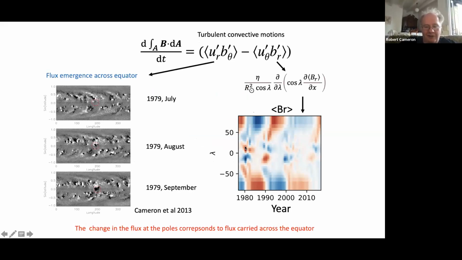We have Hale's law, which gives us the east-west orientation, but we also have Joy's law, which says, for example, in 1980, that the flux emerging in the northern hemisphere, the positive polarity, was slightly closer to the pole than the negative polarity. So the leading spot is slightly closer to the equator, and this transports flux across the equator. And so the tilt angles of active regions are what give you both of these effects.